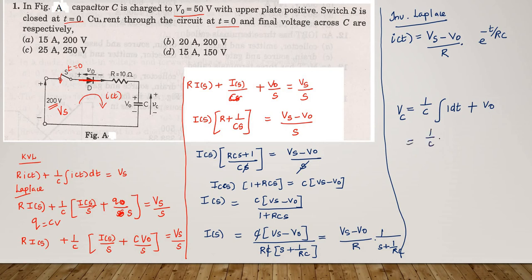So 1 by C into, what is i? That is Vs minus V0 by R into integral 0 to t e power minus t by RC plus V0.